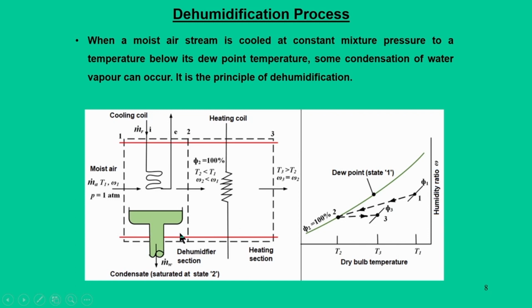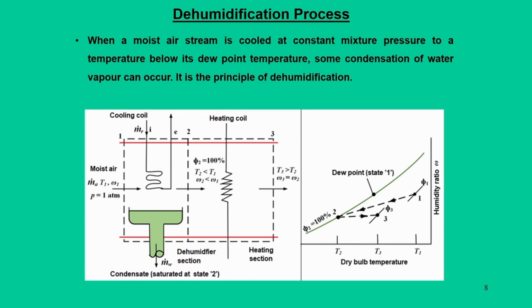For a given available stream, we can locate that as state 1, for which we know omega and T1. If you go along the same humidity ratio line, we will reach the saturation line, which is the dew point for that situation.